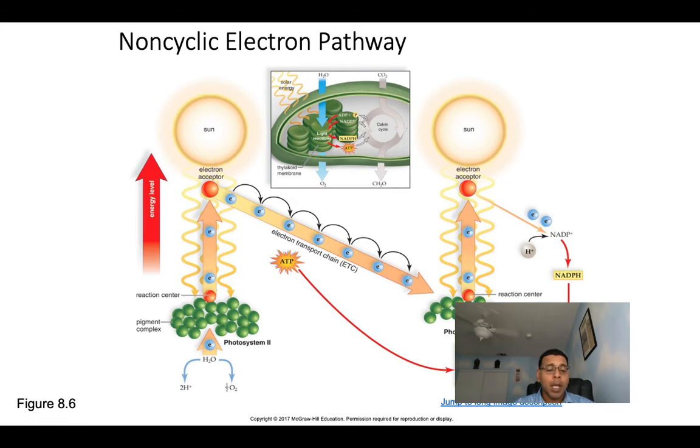These electrons are used to replace those lost by photosystem 1. The electron acceptor in photosystem 1 then passes its electrons onto NADP+ molecules.